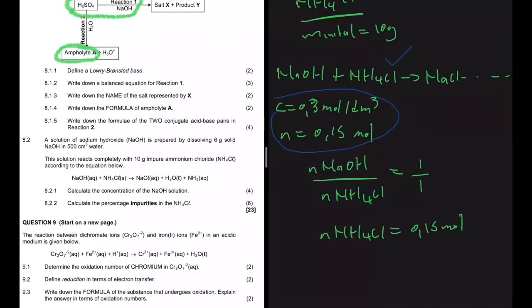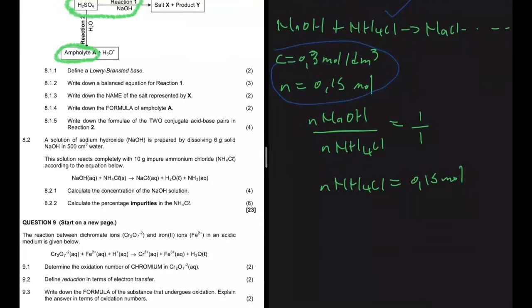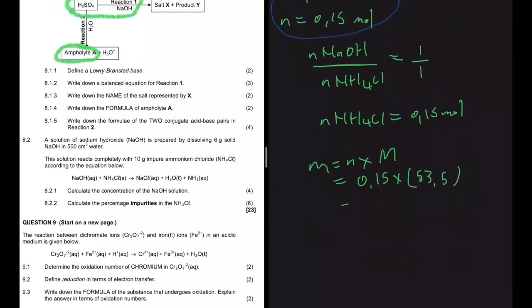We can then find the mass of the NH4Cl that reacted, right? So the mass is given by the number of moles multiplied by the molar mass. We know fully well that the number of moles is 0.15, and then now we want the molar mass of NH4Cl. I think it is 53.5, right? So we get a mass of 8.025 grams.